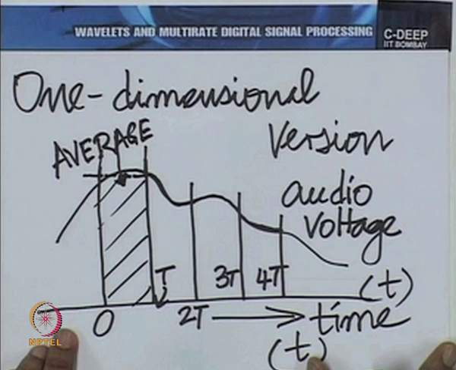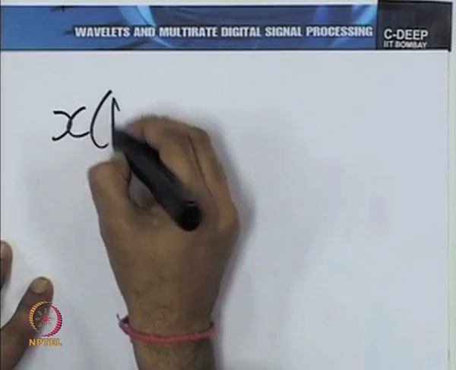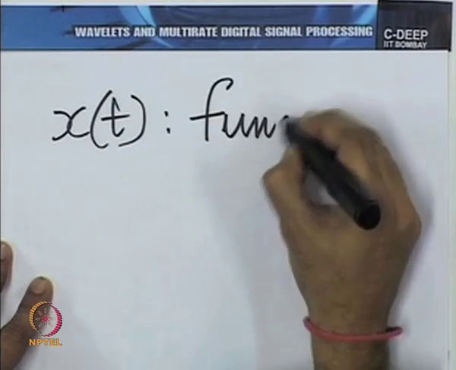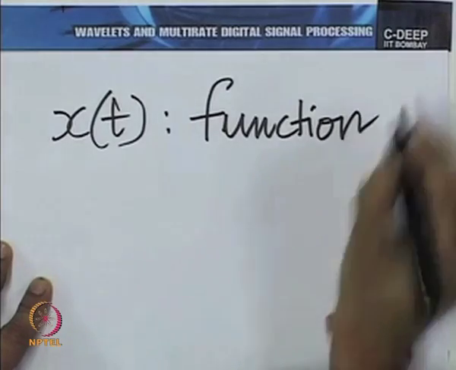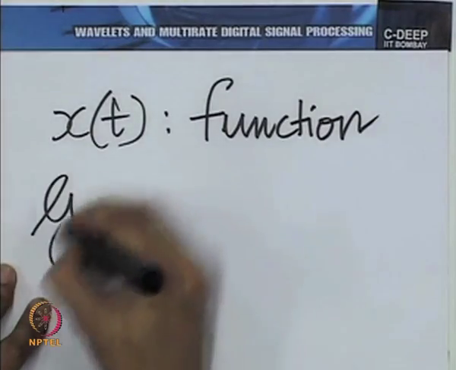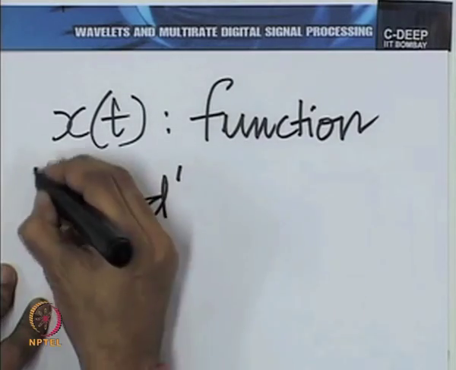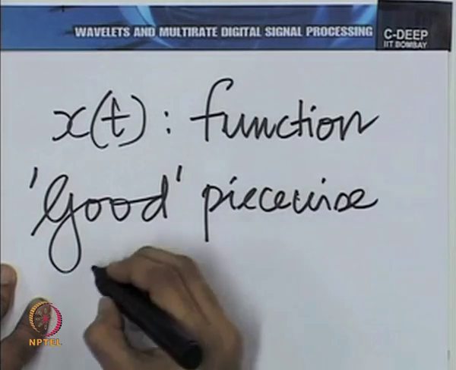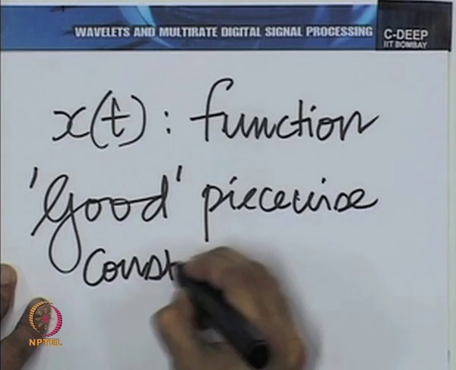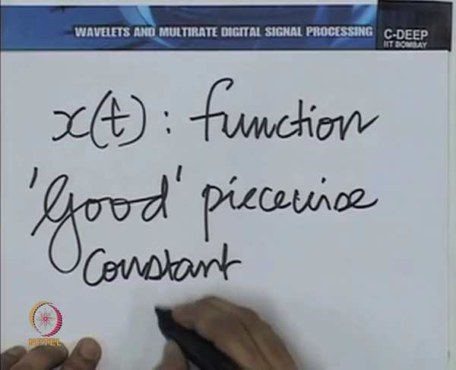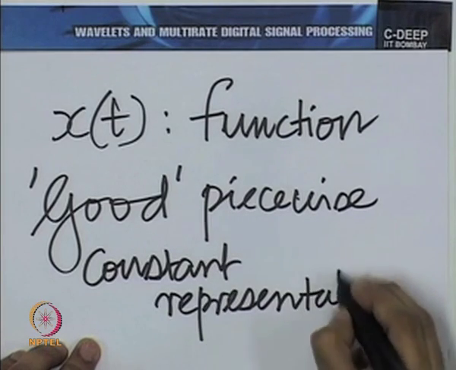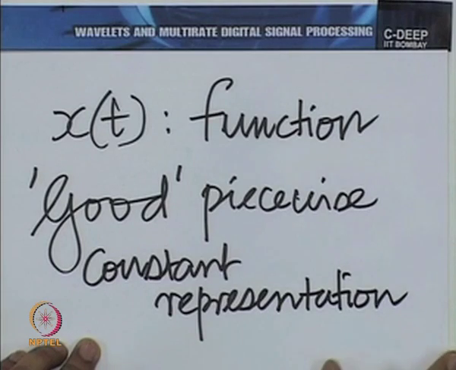So, what we are saying, if you have a function x of time, a good piecewise constant representation is the following.